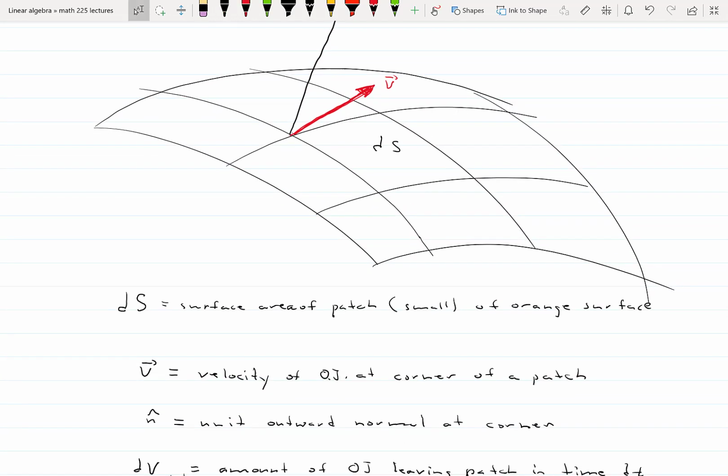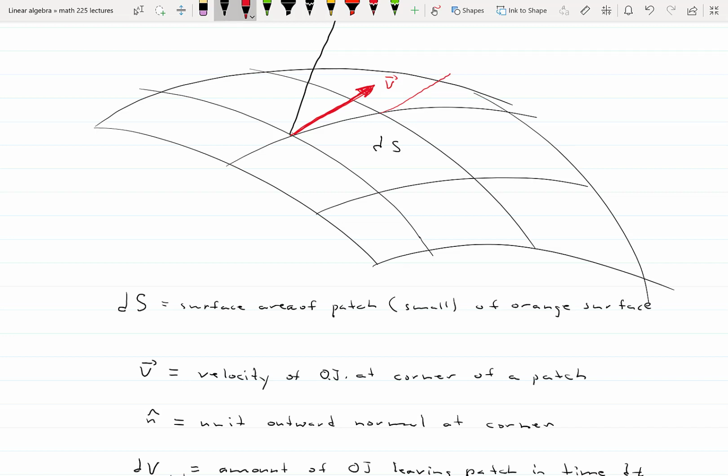So now I want to figure out the amount of orange juice leaving the patch in that small amount of time. Well, if I'm assuming that the red velocity vector v is constant throughout that patch, and that's a reasonable assumption because the patch is infinitely small, then orange juice will be pushing through that patch in the shape of a parallelepiped, a tilted box.